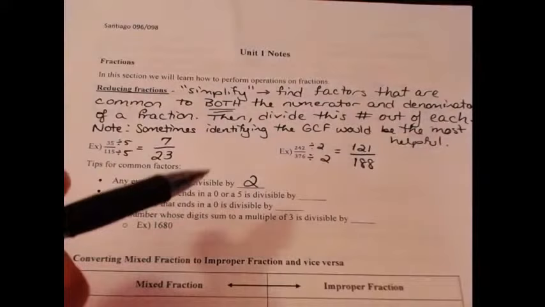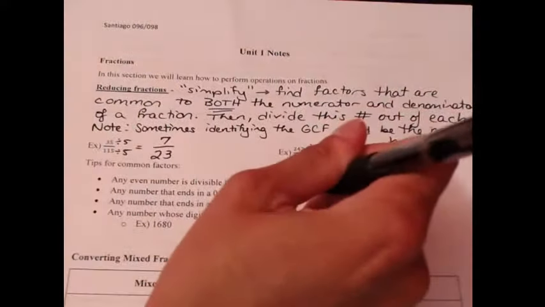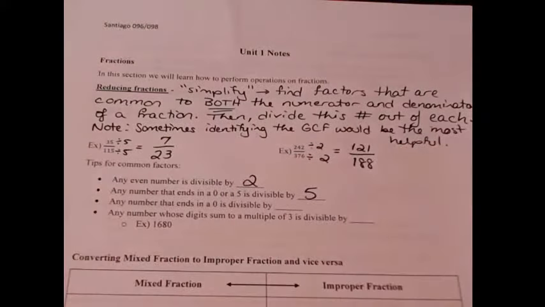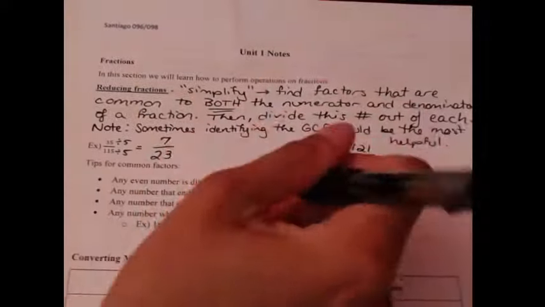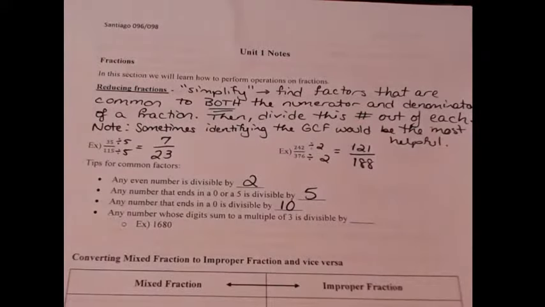Any number that ends in a 0 or a 5 is divisible by 5. Think of 5, 10, 15, 20, 25, 30. Those end in zeros and 5s, and they're all divisible by 5. Any number that ends in a 0 is divisible by 10, right? Think 10, 20, 30, 40, 50. They're all divisible by 10.